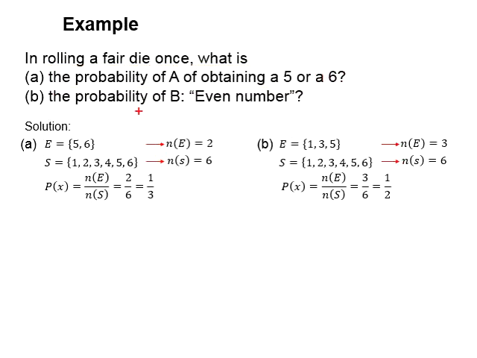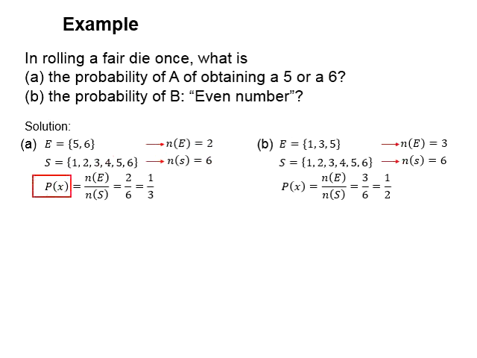In this case, the simple events of interest will be 5 and 6, which is equal to 2 events. Your space will be equal to 1, 2, 3, 4, 5, and 6, which is equal to 6 simple events.